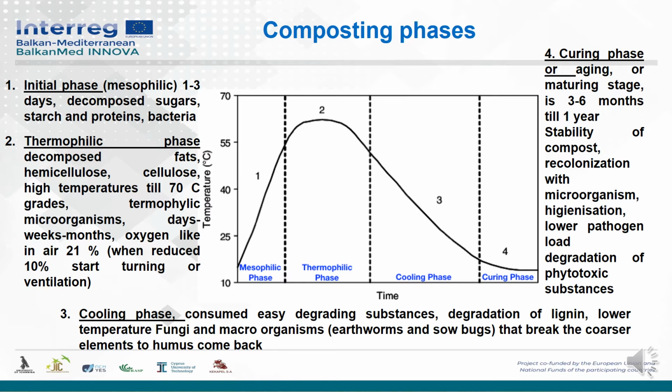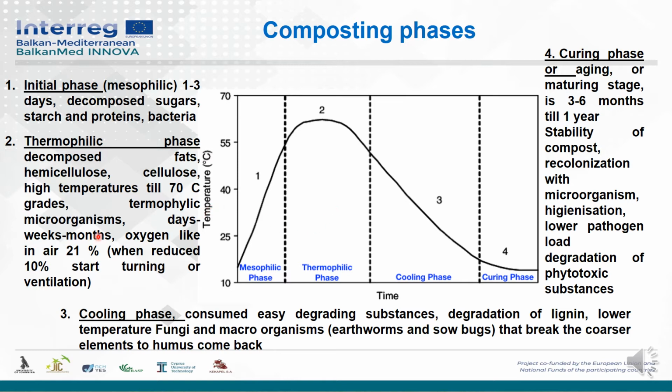Then comes the second phase, the thermophilic phase, which is characterized by the decomposition of fats, hemicellulose, and cellulose, and in this phase we have high temperatures, sometimes still 70 degrees, but mostly 65, 67.